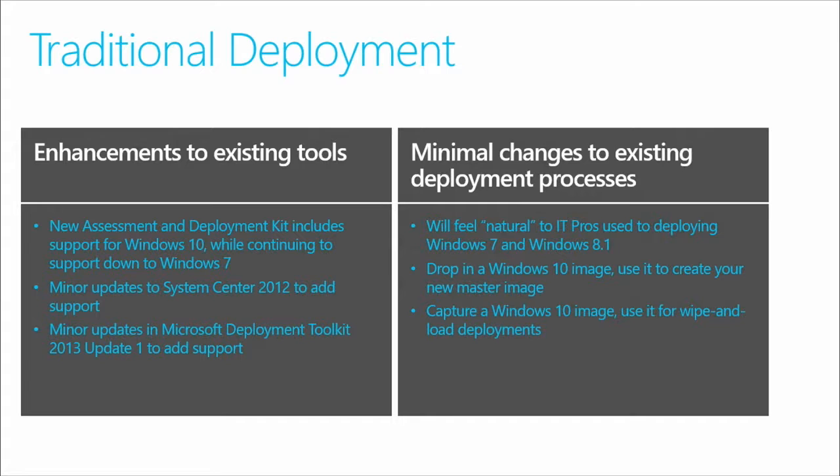A few folks on the Q&A have been saying, can we try the Update 1 preview? I think the answer is kinda. The initial release of the MDT 2013 Update 1 preview came out with the first Insider release. That was a long time ago.